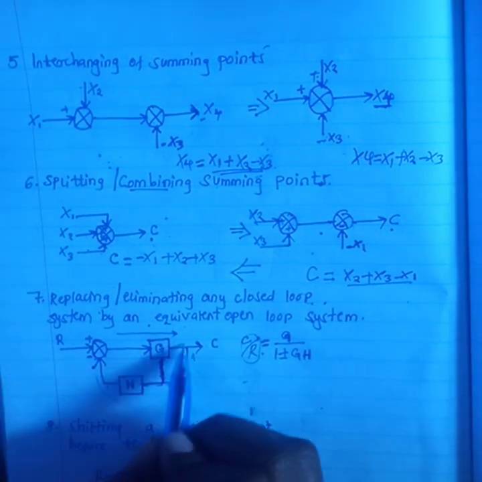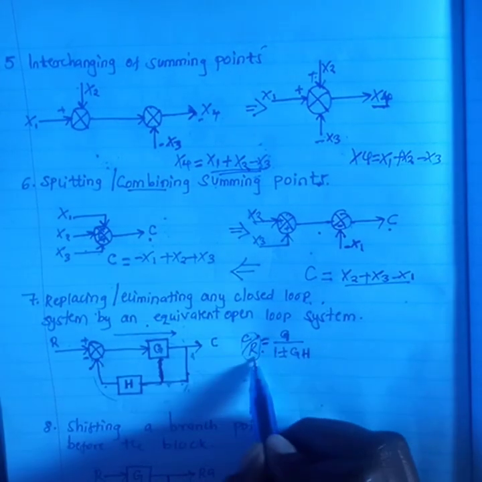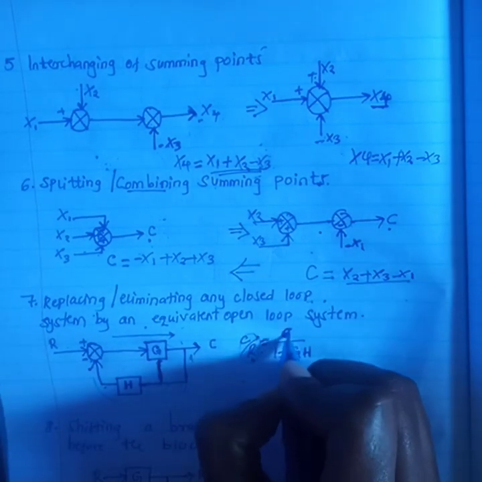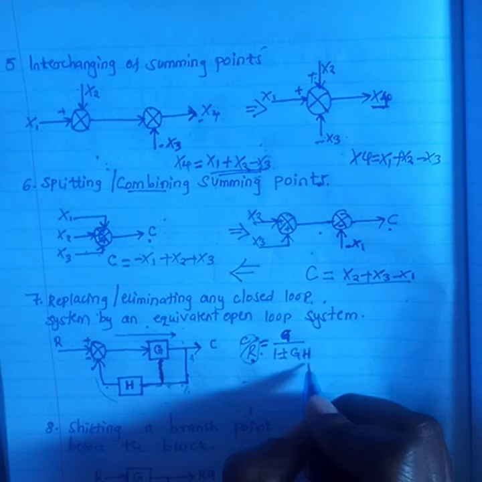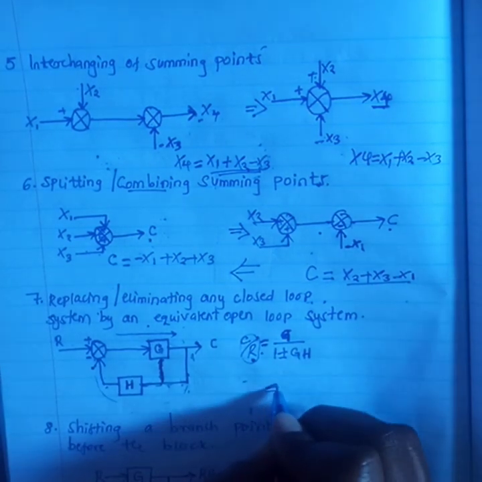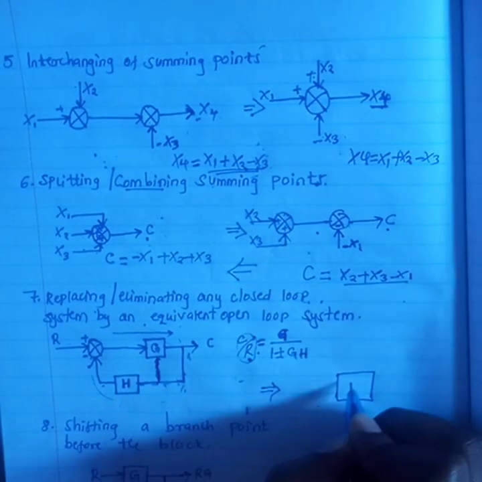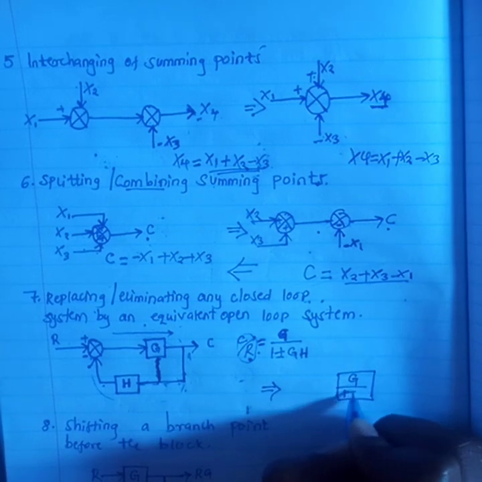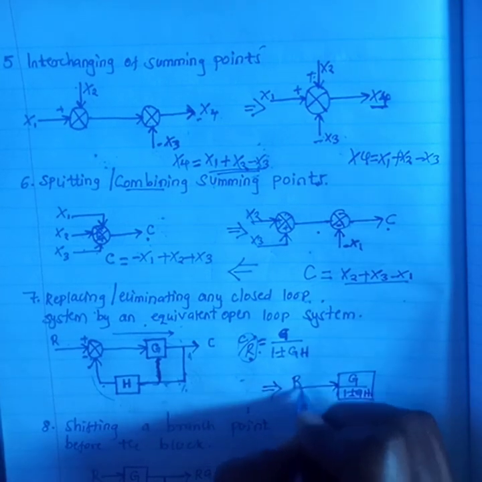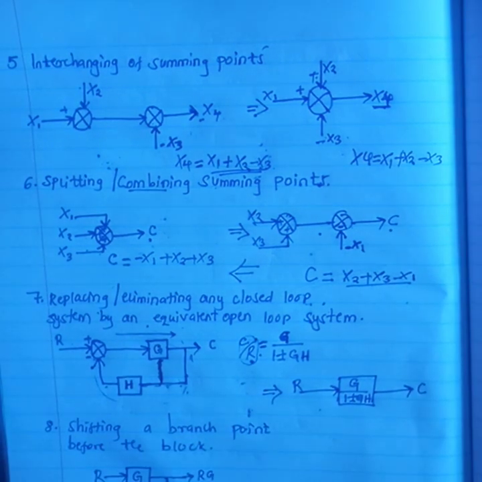So for me to replace this closed loop system with an open loop system, I need to get C over R, that is the control ratio, by having G over 1 plus or minus GH, like that. So that if I plot it, it will be equivalent to just plotting one block like this. Then I put my values, G over 1 plus or minus GH. Then I will have my input, which was R, then my output, which was C. That's what we have.